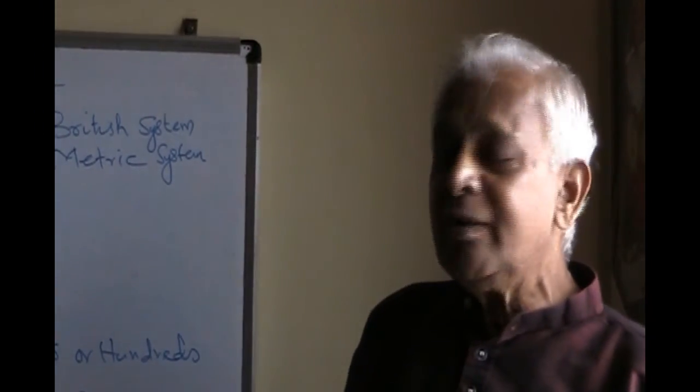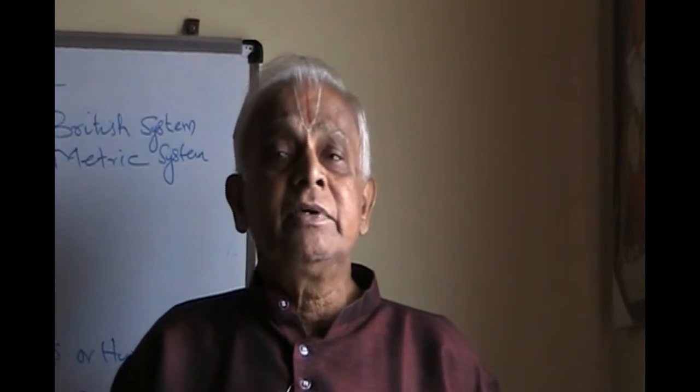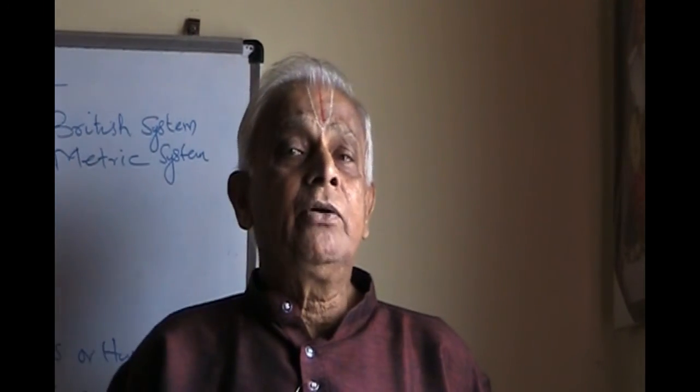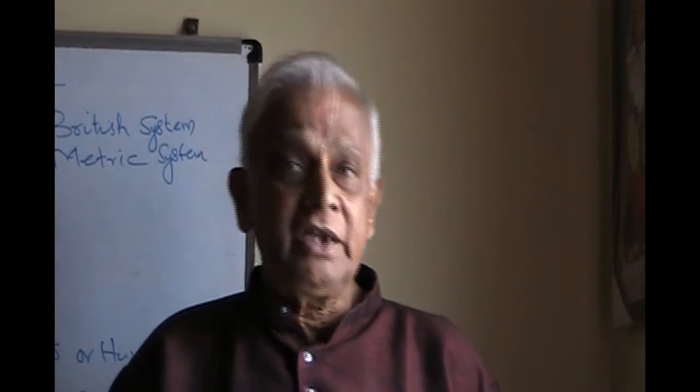The next point will be on estimation of products. Same thing like this. Suppose you want to multiply two numbers, say 56 and 34. You can round 56 off to 60, and you round 34 off to 30.